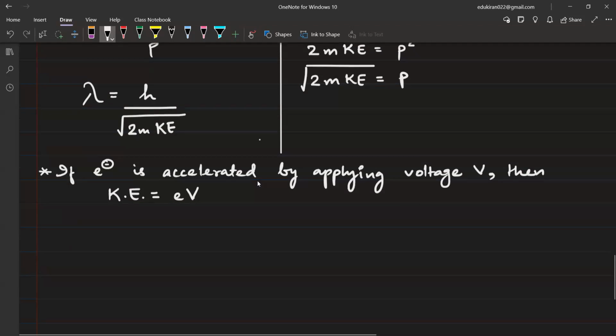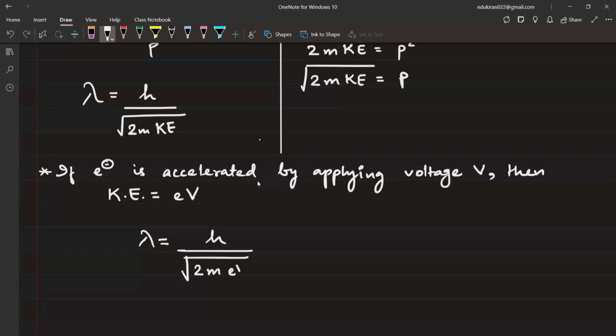Whatever voltage you apply on the electron, that will be the electron volts, and that will be the kinetic energy. So in that case, lambda, or the wavelength, will become h upon root over 2m times whatever electron volts you have applied. Please write this down also.